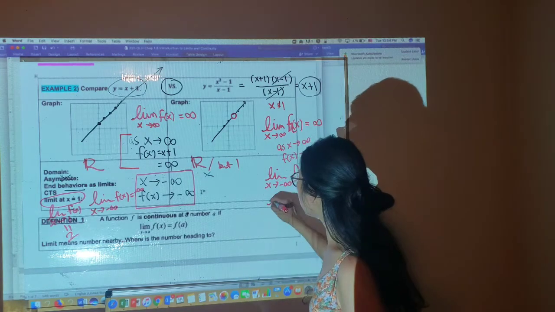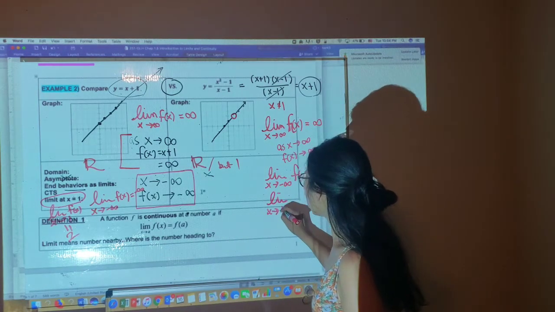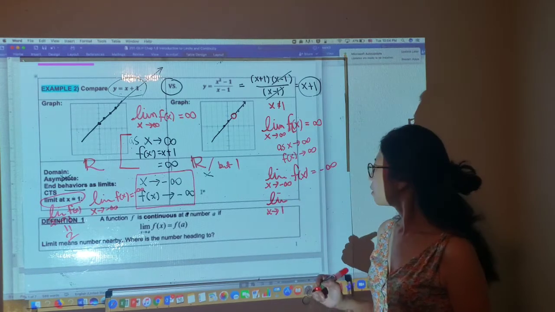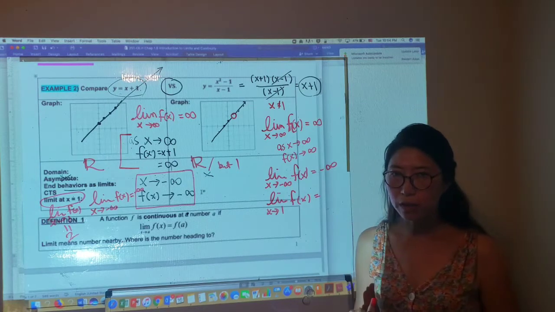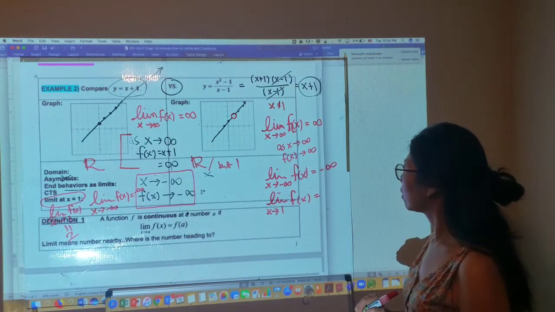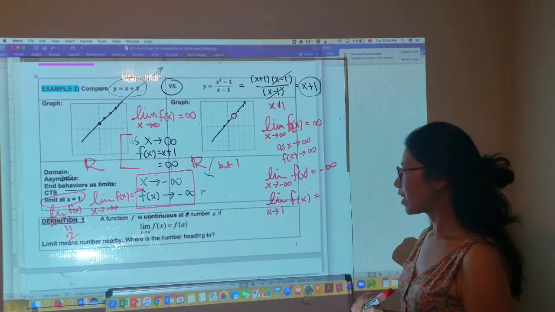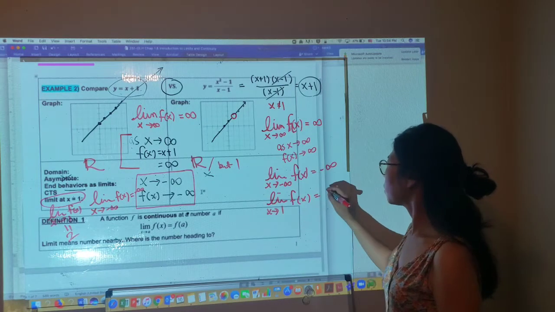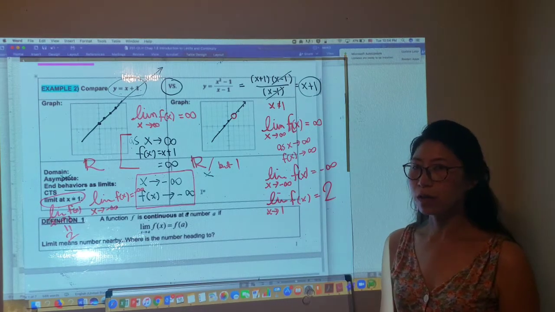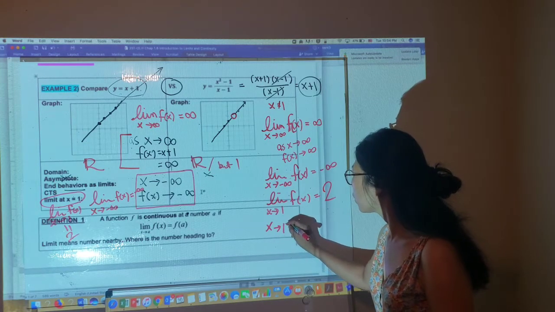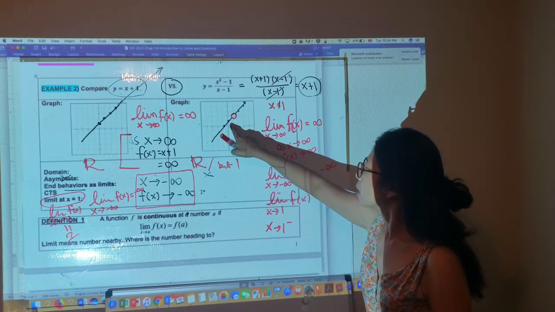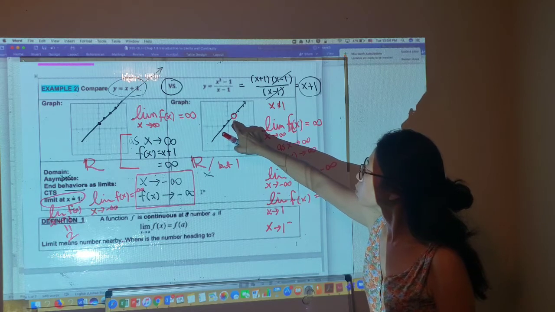Then what is the limit at 1? What is the limit at 1 in this case? What do you think? Do we have a limit at 1? Yes or no? It's weird, right? Yes, we have a limit, which is 2. Why is that 2? Just look at x from the negative side of 1, the left side, is it heading to 2?